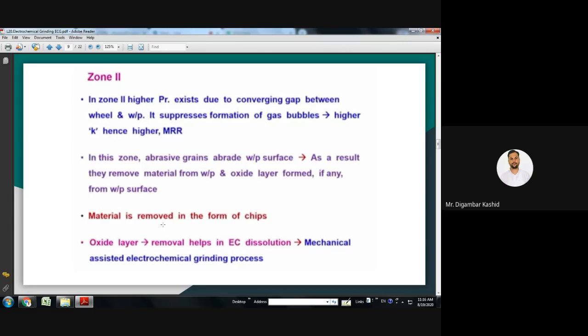Workpiece material removal will take place in the form of chips, that is debris. The electrochemical dissolution will help to remove that oxide layer. So this zone 2 is a mechanically assisted electrochemical grinding process. Here you will get some bubble formation, that is the oxide formation.